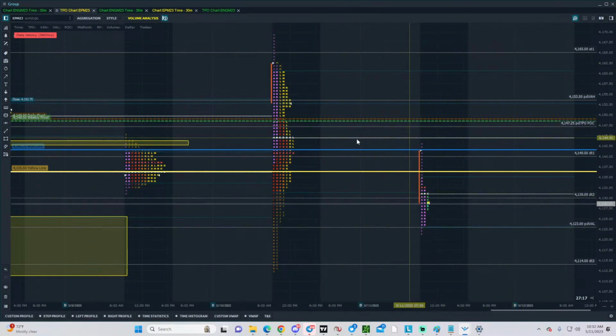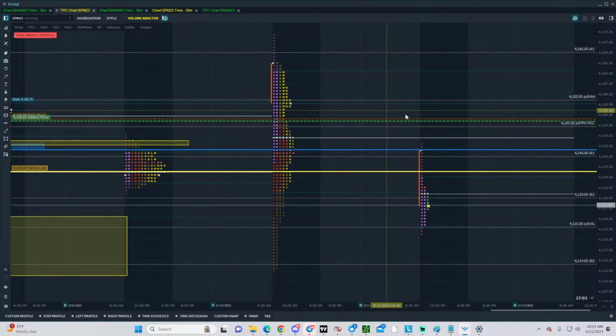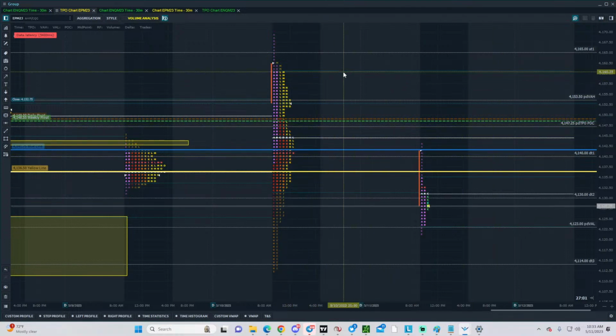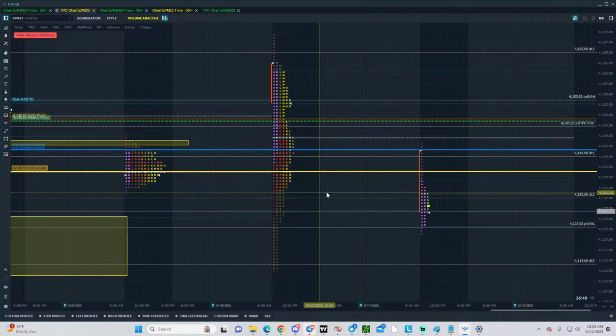For TPO, for example, because the volume has not loaded, we have 4144 as the midpoint, or the POC. I know the halfback is a 40. This line here on the top, 4160, is the TPO value area high. And this line here, 31, is the TPO value area low.